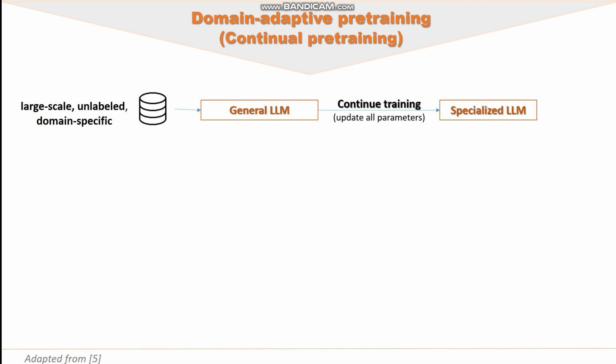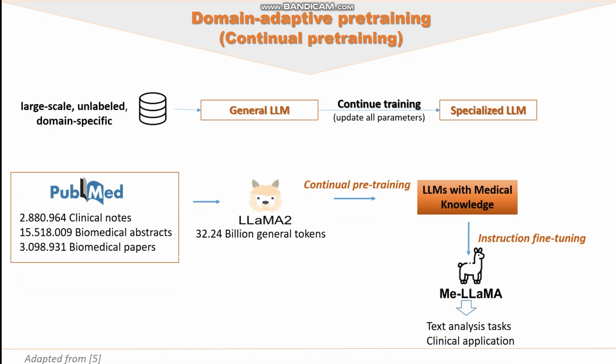During this process, all model parameters are updated, allowing the model to deeply absorb medical language and knowledge before fine-tuning. For example, MiLama. This model continues Llama's pre-training on massive clinical and biomedical data. Then it's fine-tuned for specific text analysis and reasoning tasks.